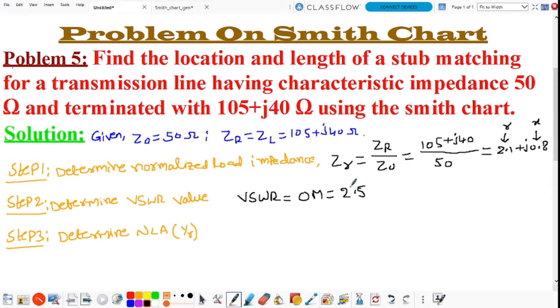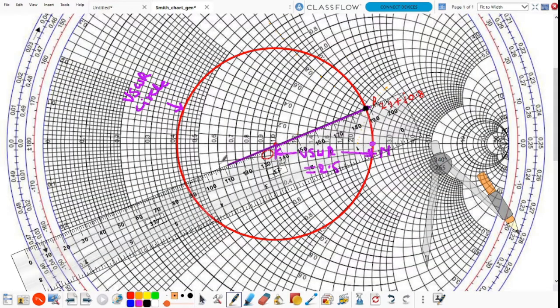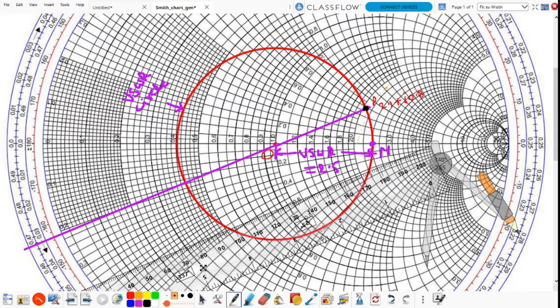Next, determine the normalized load admittance. The line opposite to the normalized load impedance cuts the VSWR circle, and this is the crossing point of the VSWR circle.